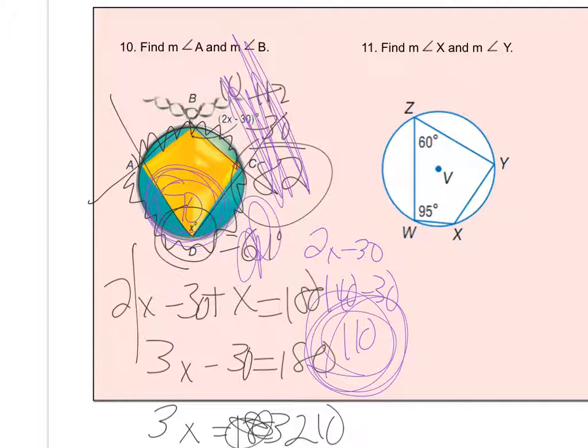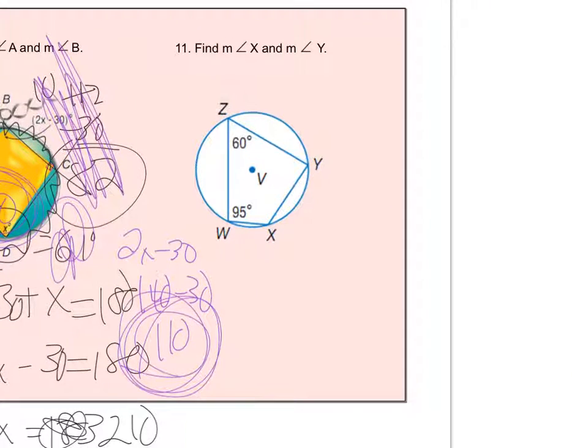All right, so if I look at number 11, let's look here. So, figure out x and y. Well, 60 here, there. These two have to be supplementary, and these two have to be supplementary. So, x has just got to be 180 minus 60.